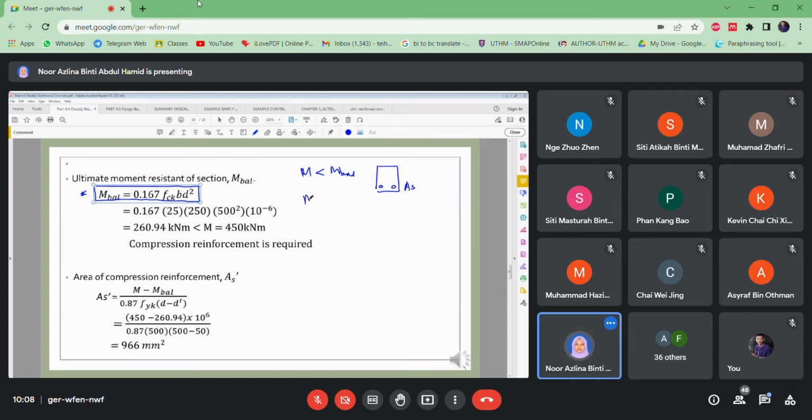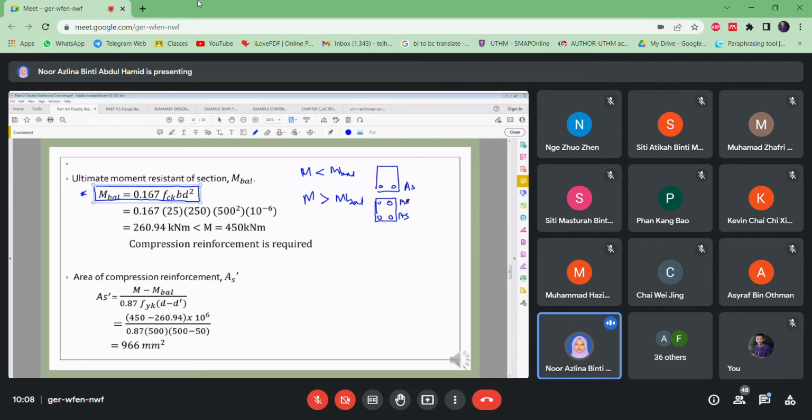So if moment is more than M balance, then you have to provide both top and bottom, which is tensile reinforcement and also compression reinforcement AS prime.